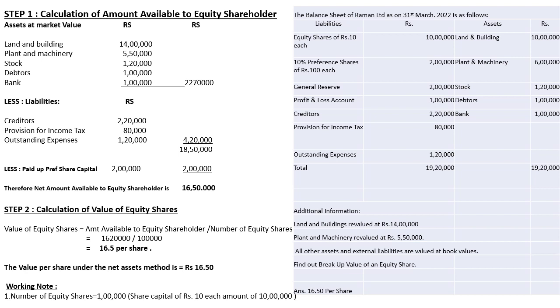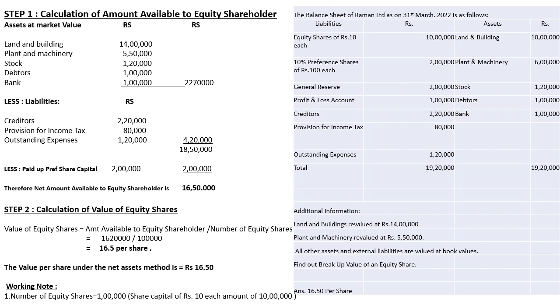Then in step number 2 we have to calculate the value of an equity share, which is what we actually have to calculate. We want the breakup value of an equity share. So the formula is amount available to equity shareholders, which is 16 lakh 50,000, divided by number of equity shares, which is calculated in the working note. In the problem sum, equity shares of rupees 10 each, value of which is 10 lakh.